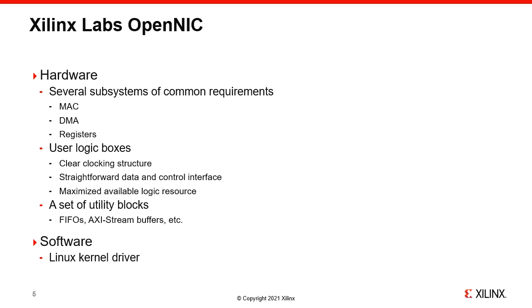It is also very important to have sufficient logic and memory resources in the user logic blocks. And a set of utility blocks are used, like FIFOs and AXI stream buffers. And obviously, we cannot ignore the driver to make it work as a SmartNIC device.